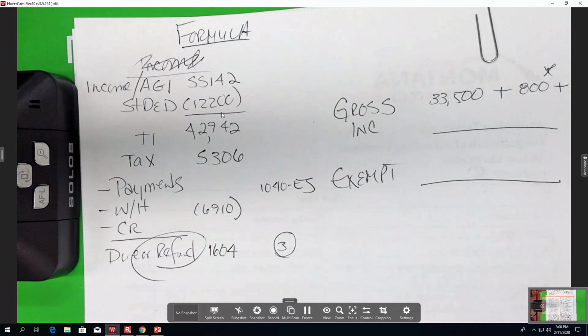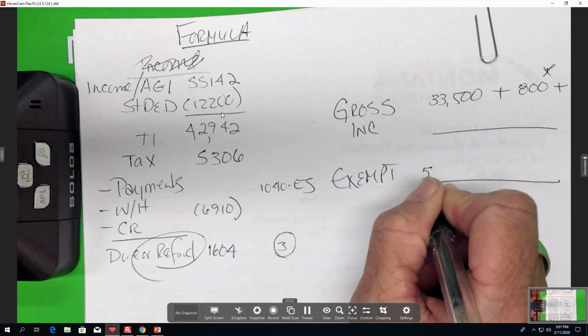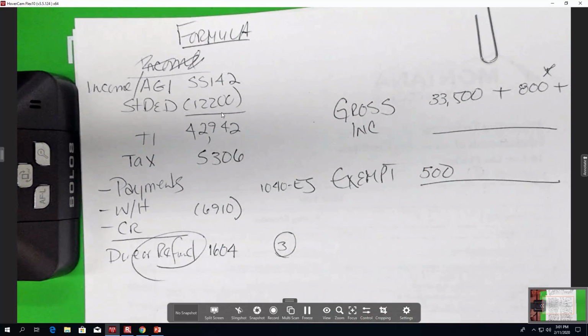How about the gift from mom? How about if mom had given you $5,000? Generally okay. What if mom gave you $50,000? Mom has to pay gift tax. You're allowed to give per person per year $15,000.